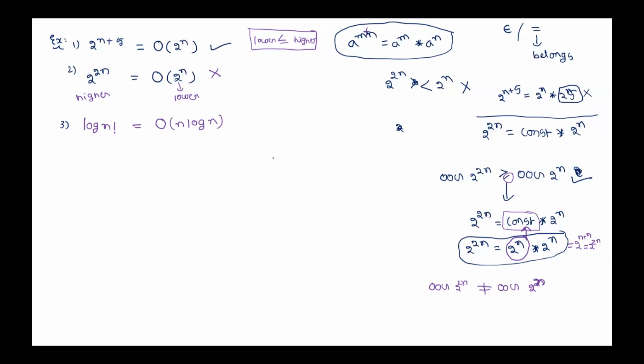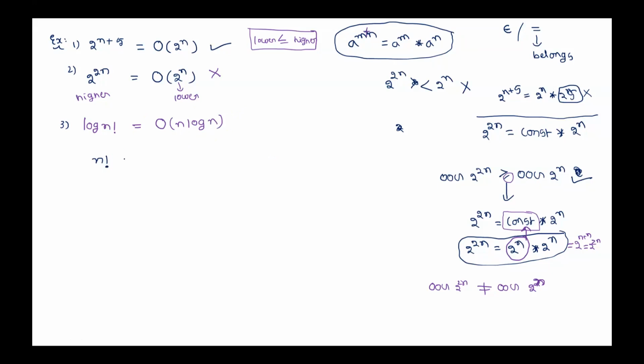Here n log n is linearithmic, sir. And log n factorial is higher. But we should say, madam, order of growth is strictly how to compare that. For that, okay, let us take n factorial.